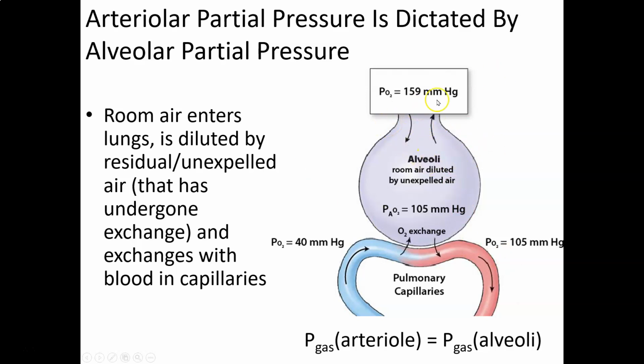So as an example, the air we're breathing in, let's say, at sea level is 159 millimeters of mercury for the PO2, partial pressure of oxygen. And as we breathe it in, into our alveoli, that partial pressure drops. So PAO2 equals the partial pressure of oxygen. The capital A means alveolar. So in our alveoli, it goes down to about 105.